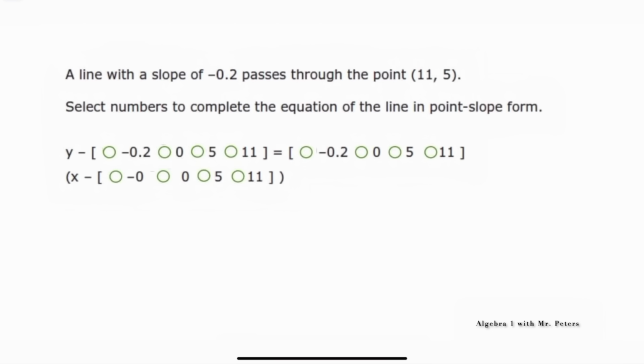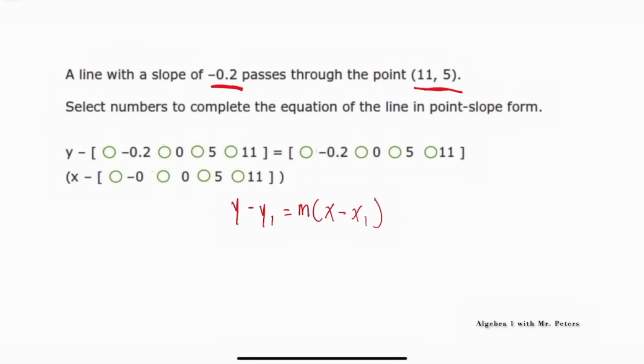So problem 21 wants us to basically select the correct substitution. And we're talking about the point slope formula. So y minus y1 is equal to m times x minus x1. And they give us all the information. M is negative 0.2 and our point is 11, 5.